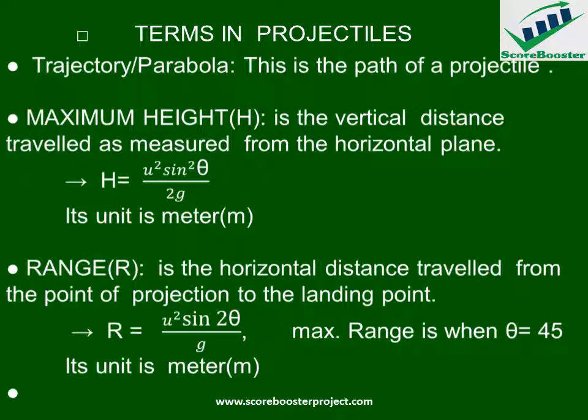That's the formula for range. Then we should note that we have maximum range when theta is equal to 45 degrees. The unit of range is meter, usually represented by small m.